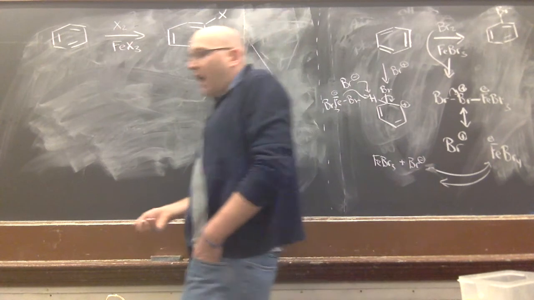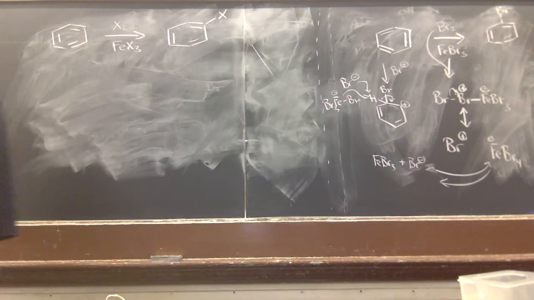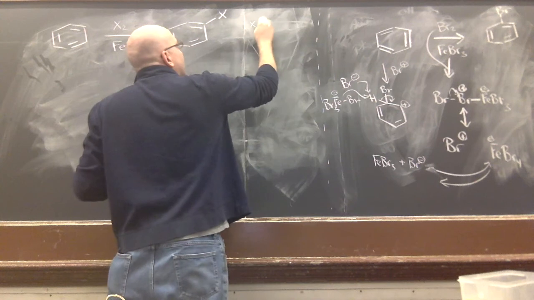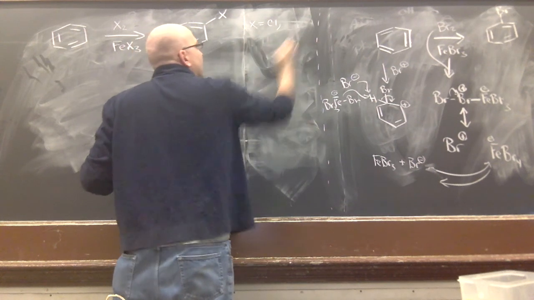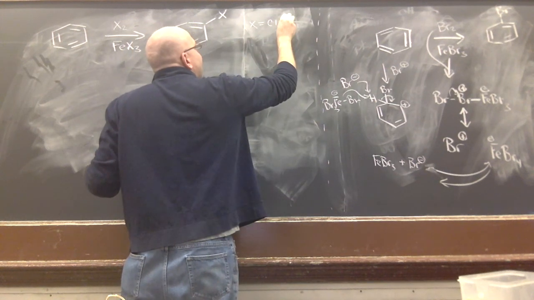You don't really see iodine used that much in this. It can be done, but it's not quite as popular in part because iodine is less reactive inherently. Fluorine as well, there's usually special reagents. So I would just stick for this case with bromine and chlorine and leave out iodine and fluorine for now. So let's just say X equals chlorine, bromine.